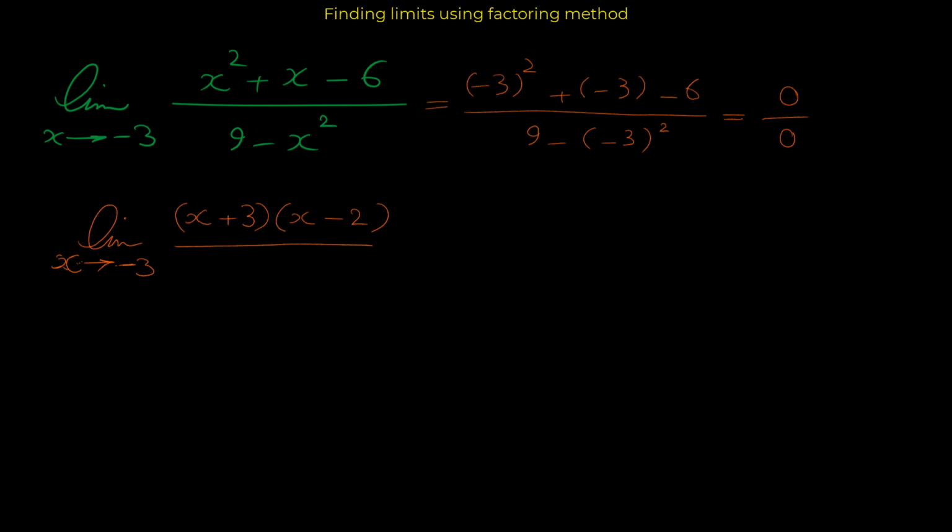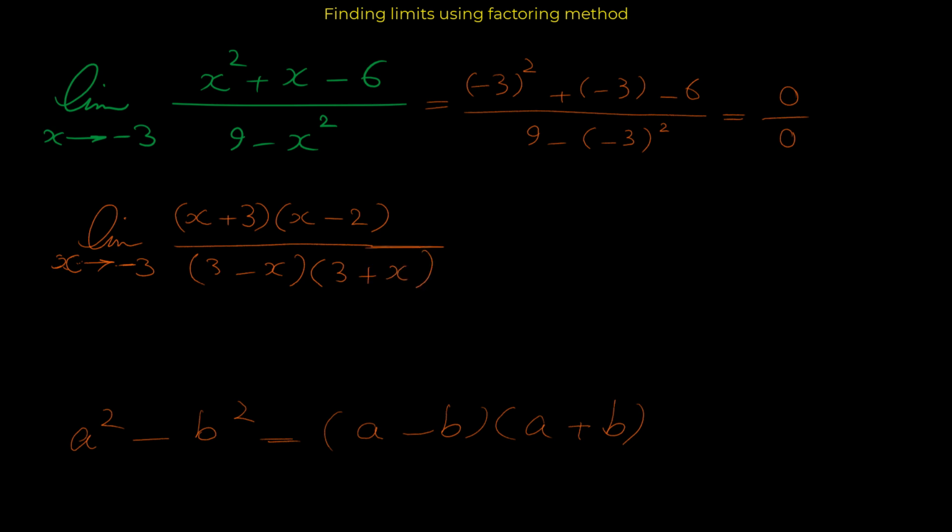For factoring it, you need to remember this identity: a squared minus b squared is a minus b times a plus b. Note that 9 is 3 squared, so we have 3 squared minus x squared. So we can write it as 3 minus x times 3 plus x.